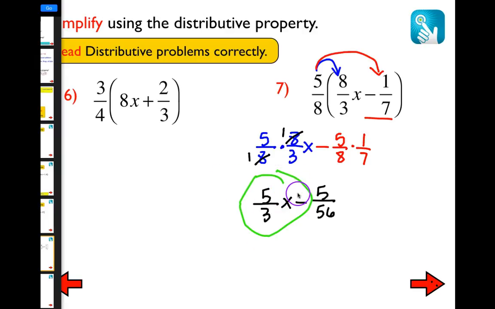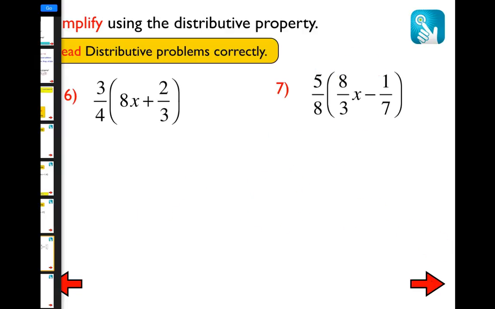Okay, I'm actually going to allow you from now on to leave your fractions improper. You do not have to turn it into a mixed number. I repeat. Leave your fractions improper, okay? You do not have to convert it into a mixed number because it's going to look a lot neater for your final answer.